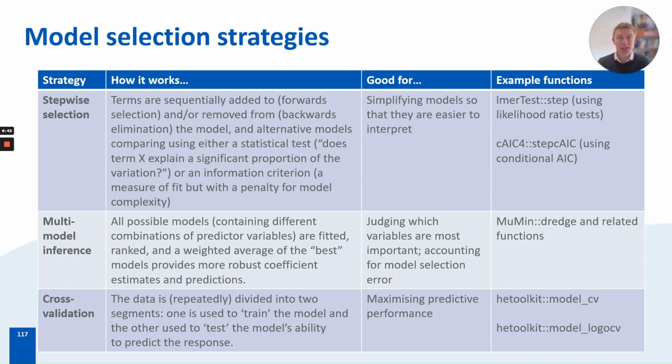Alternatively, you can use the stepCAIC function from the cAIC4 package to perform stepwise selection using an information criterion called Akaike's information criterion. That's AIC. This, as I said, provides an alternative to likelihood ratio tests, which provide a more direct measure of the parsimony of the model.